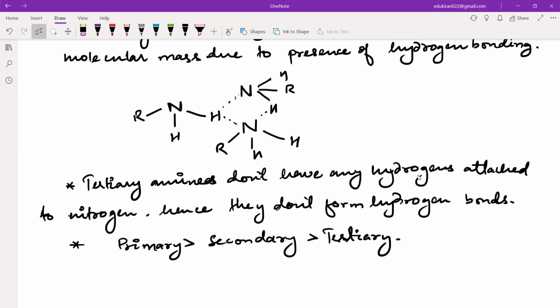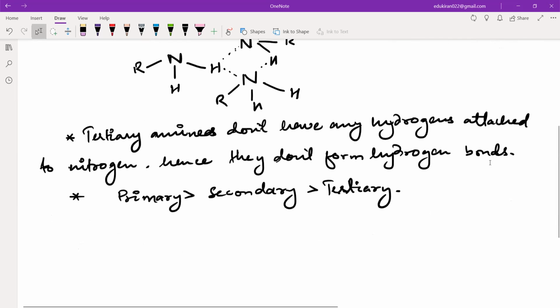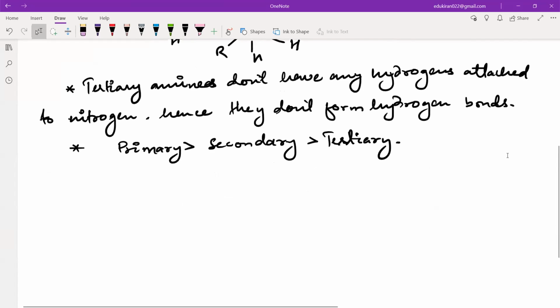Now, talking about the boiling point of amines and comparing it with alcohols and carboxylic acids.